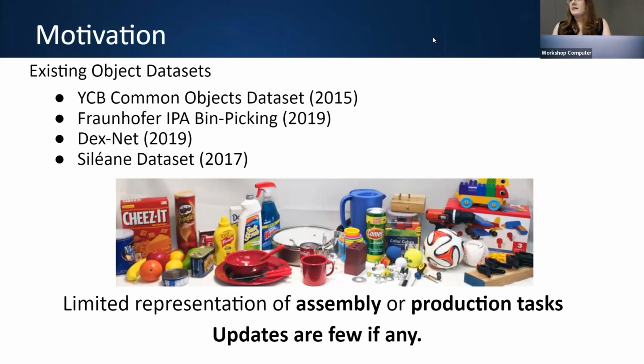Some of them are a little bit outdated since it's been almost 10 years since YCB, but there is very limited representation of assembly tasks or production tasks, and updates to these datasets are few, if any, especially for the YCB dataset. Part of this is because of the documentation issues, which I will get into in a moment.